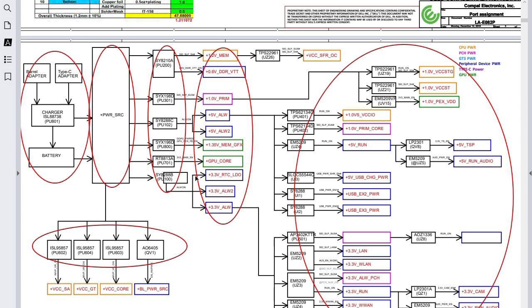So I hope that you understand a little bit, and of course I'm sure that you will understand the process and the working principle of the voltage and signal within the motherboard. And by understanding this approach, you can easily figure out, troubleshoot, repair, and of course fix 100% any motherboard you have.